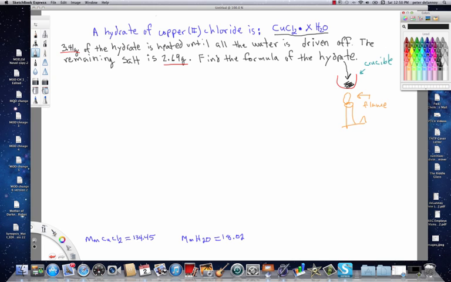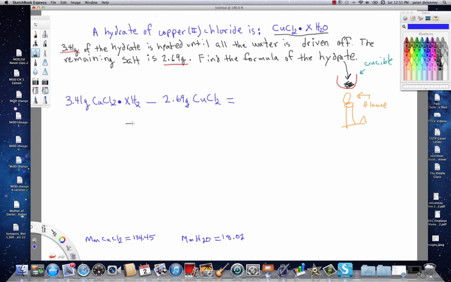So the way we figure out the number of water molecules is the following. We know that we start with 3.41 grams of the total hydrate. So I'll rewrite the formula. It's CuCl2 dot X H2O. After the heating, we have 2.69 grams, and this is the copper 2 chloride salt without the H2Os.